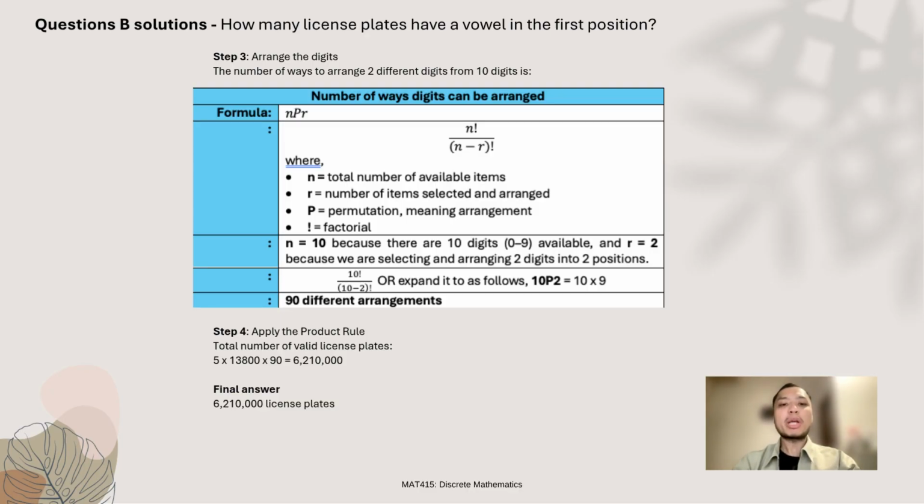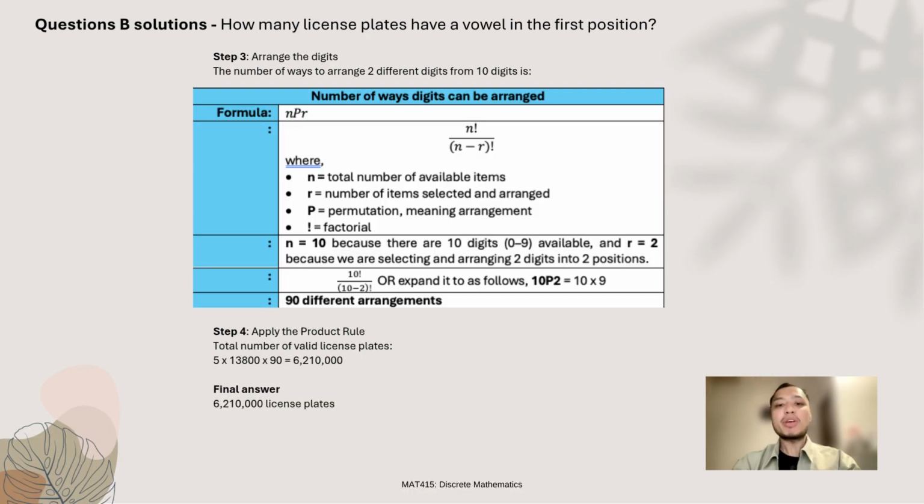Now, we combine all the parts using the product rule. We multiply 5 choices for the first vowel, 13,800 arrangements for the remaining letters, and 90 arrangements for the digits. So the calculation is 5 times 13,800 times 90, which equals 6,210,000.